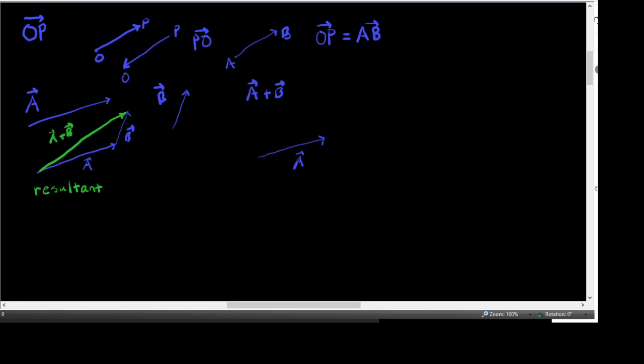At any rate, if I were to make the initial point for my other vector the same point as the initial point for vector A, then if I were to draw in a parallelogram using those two as the sides of a parallelogram, of course, you know, parallelograms have opposite sides that are parallel and congruent, and so I would draw parallels to the two vectors I have, and they should be exactly the same length as the two vectors that I have.